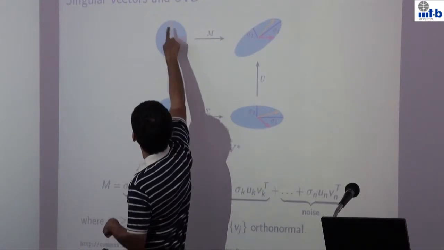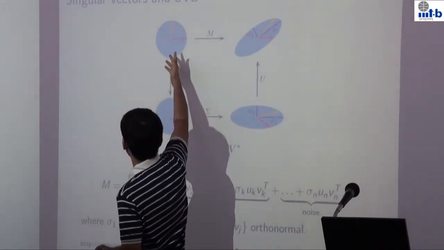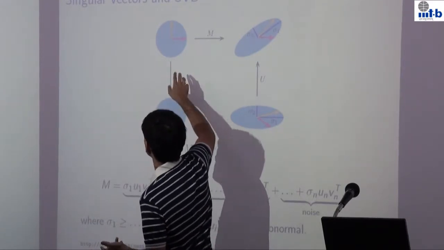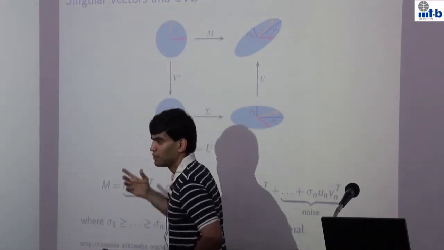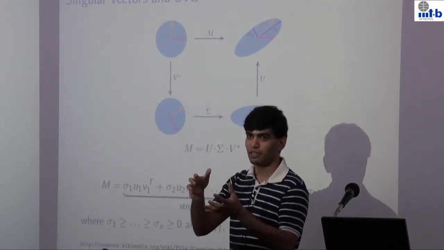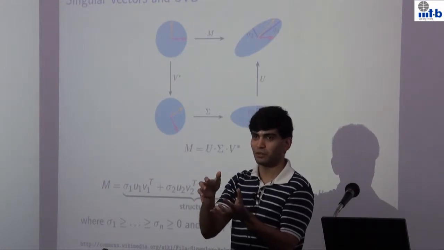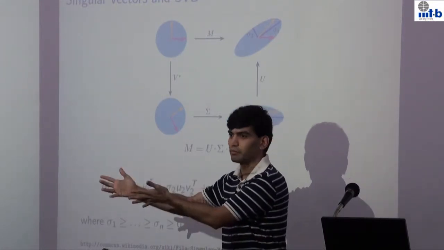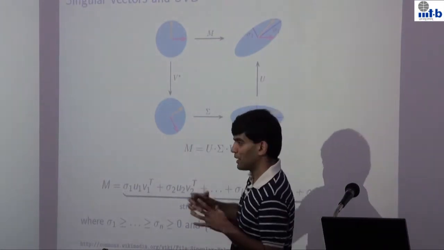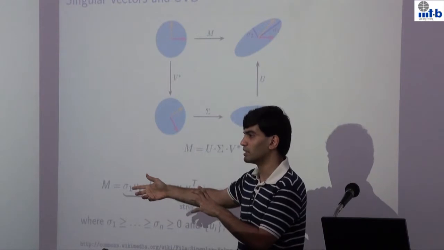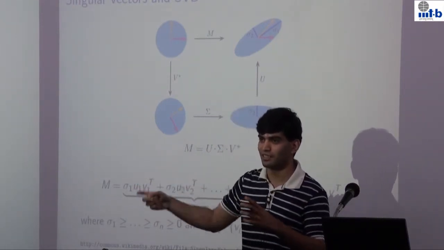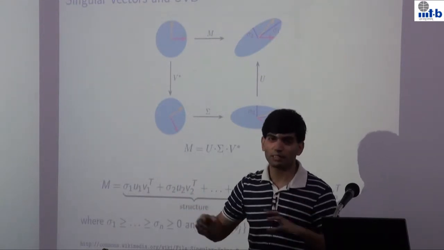If it is acting in 2 dimensions, what it does on a circle, or in general on a unit sphere or the unit ball. So you have the set of all vectors that have length less than or equal to 1. Where does it map them? It turns out that it maps the unit ball to an ellipsoid that looks like this. In 2 dimensions it is an ellipse, in higher dimensions it's an ellipsoid.